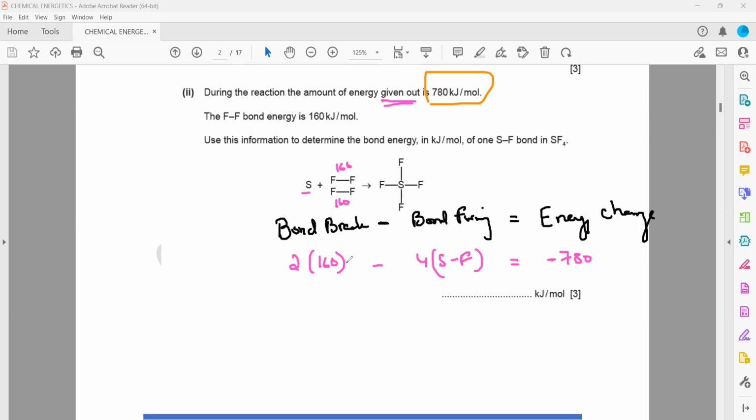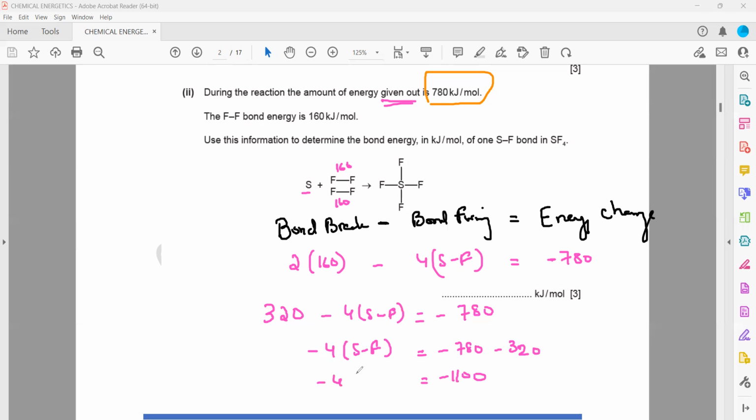Now we simplify this. 2 multiplied by 160 is equal to 320. Minus 4 times SF equals minus 780. This 320 is positive, so when it moves to the other side it becomes negative. So minus 4 SF equals minus 780 minus 320, which equals minus 1100.